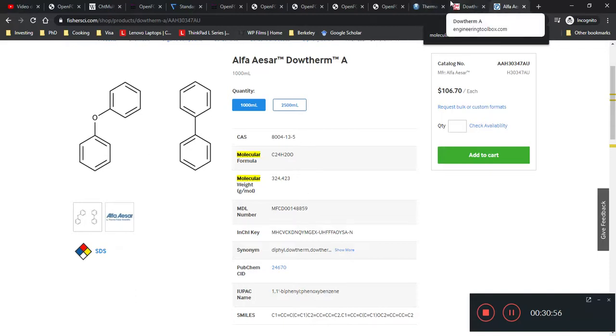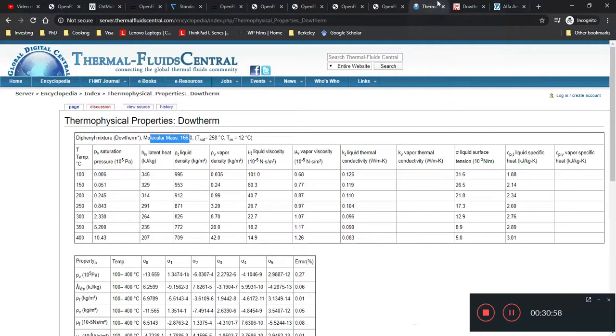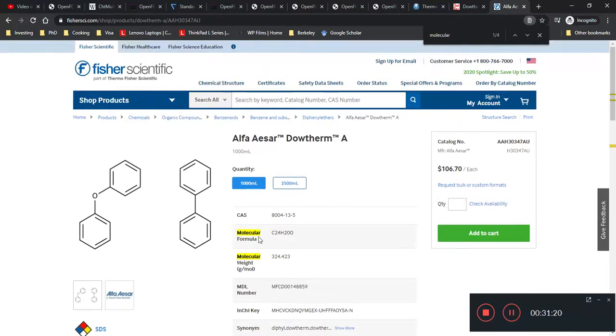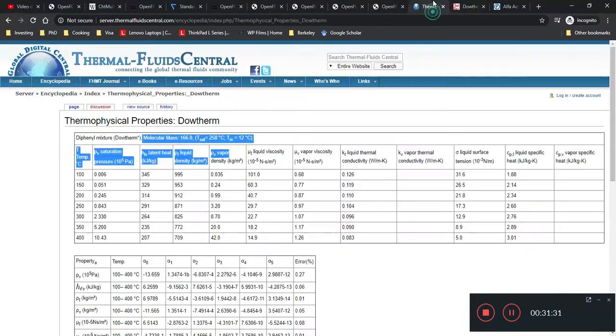So I think 166 is the better mass to use. This is the average molecular weight of the mixture. The 324 is like for every 1 mole of this pair of molecules, you'll be weighing this much. But we just have a mixture, and then we say the molecular mass is 166.